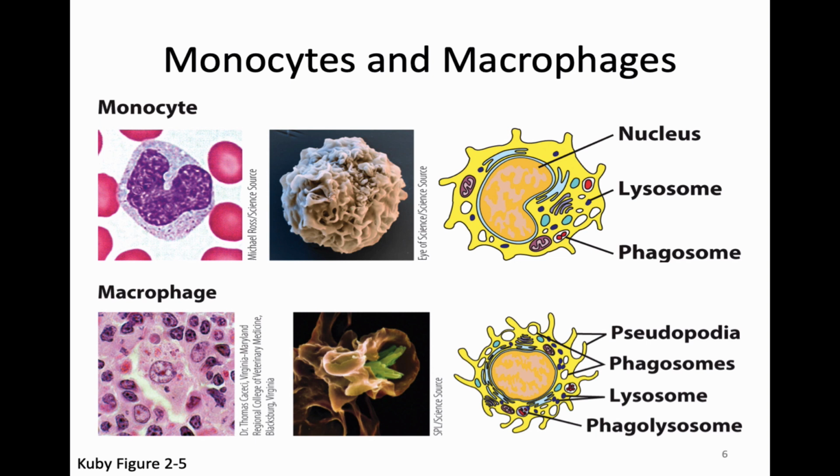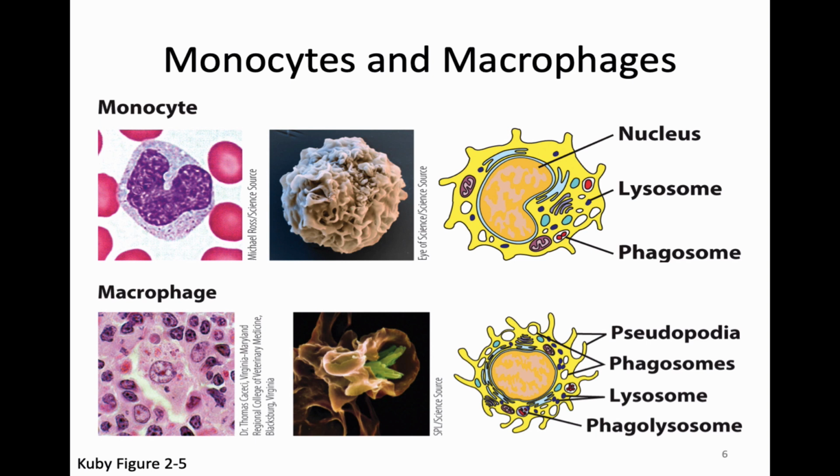The first cells that we are going to see acting in this inflammation process are monocytes and macrophages. You can see monocytes and macrophages shown here: the monocyte that you saw in last week's lab, as well as a macrophage that may have differentiated from a monocyte.